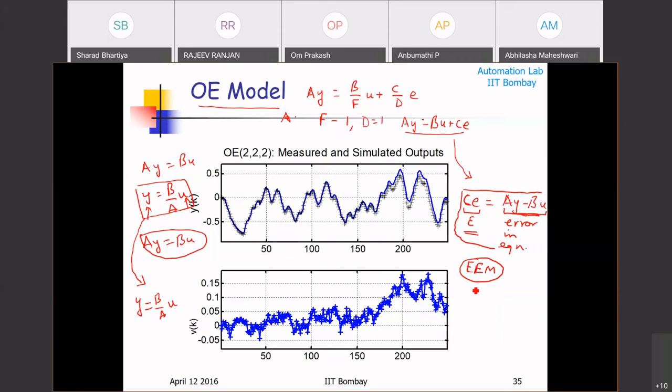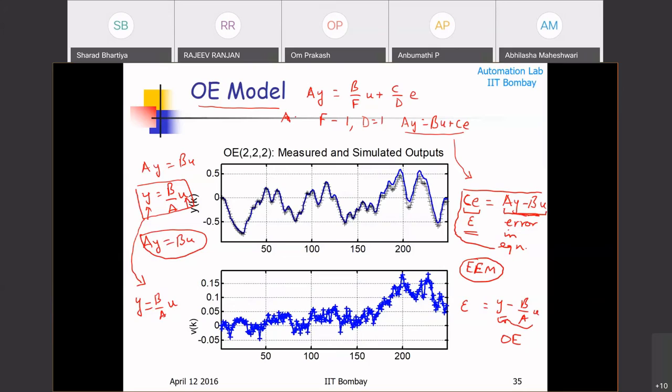And so what is this difference between y minus b by a times u, and how do I model this error? I'll just write it as epsilon. So here we think of the error in the output. See, this y is the output. So these are known as output error models, OE models.